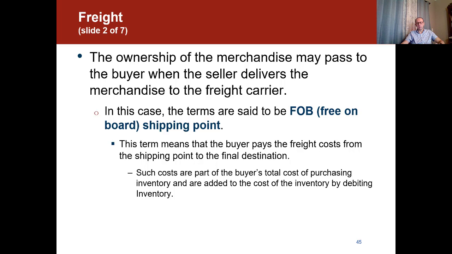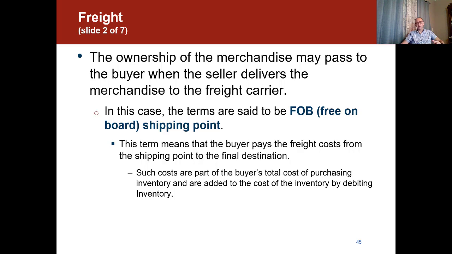And that's also a very important thing that will be clarified in the next slide: whenever I'm the buyer and I'm paying for the shipping, I don't treat the shipping as shipping expenses. In this case, the shipping cost is going to be treated as part of the purchase price of the inventory.